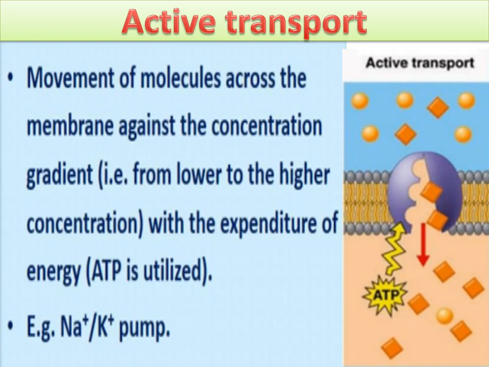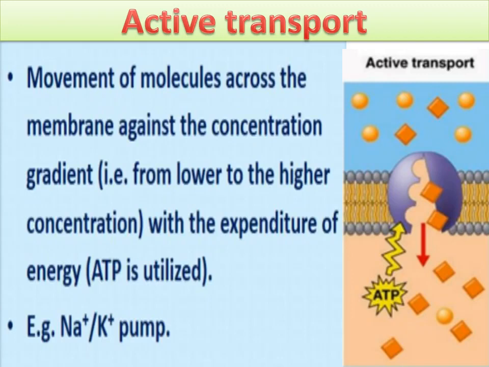Next type of transport is active transport, and in active transport there is movement of molecules across the membrane against the concentration gradient. Against the concentration gradient means from lower to higher concentration. And because here we need to transport the substances from lower to higher concentration, that's why there is need of energy. That's why it occurs with the expenditure of energy.